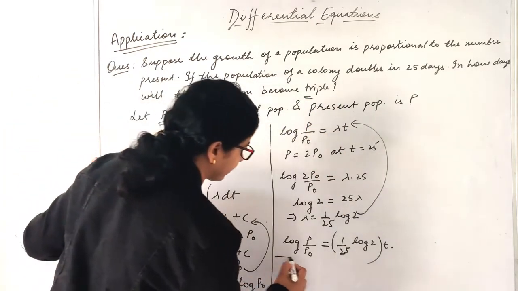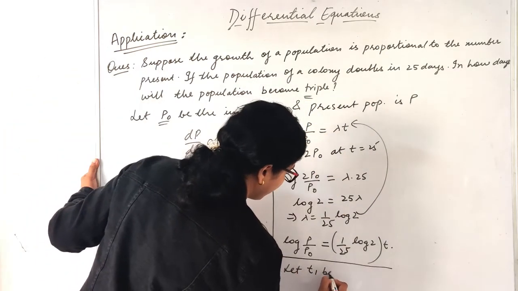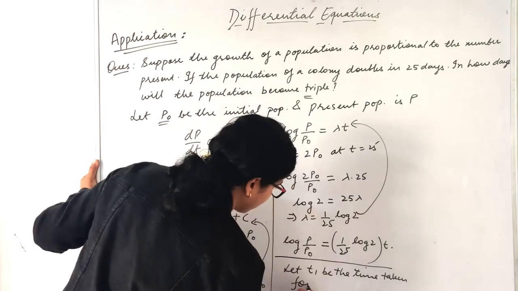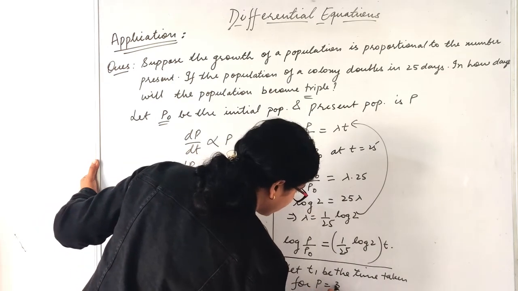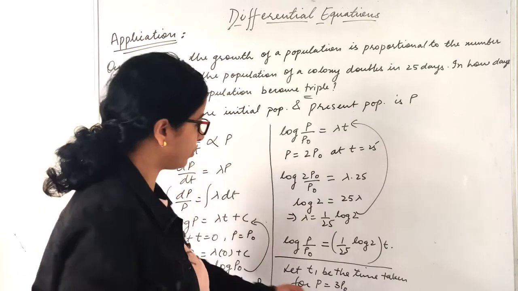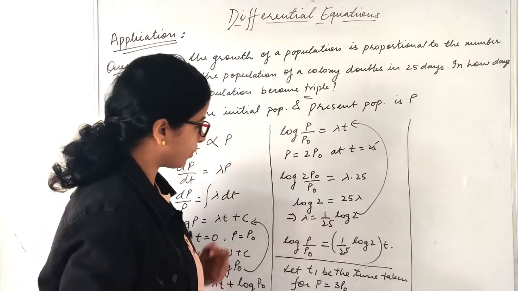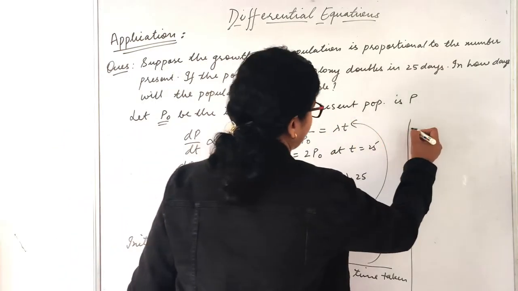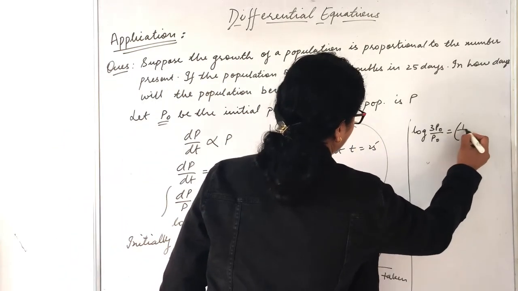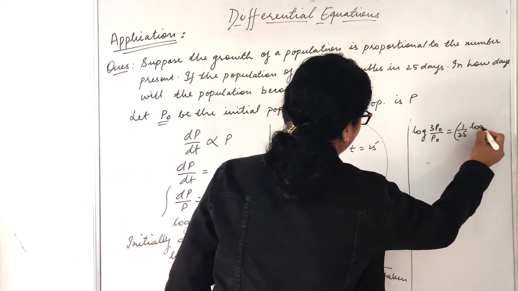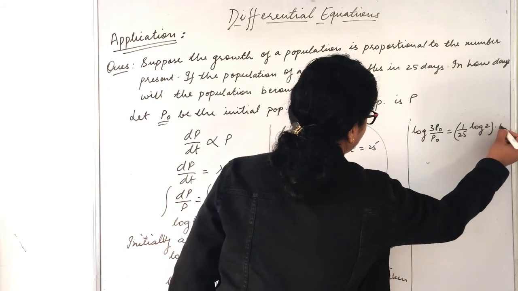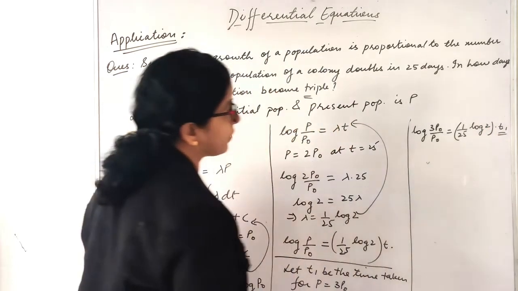It means let t1 be the time taken for P equals 3P0 because we want to make it triple, right? Now let us substitute this part here, okay? So we will get log 3 equals 1 by 25 log 2 into t1. We have to find the value of t1, right?